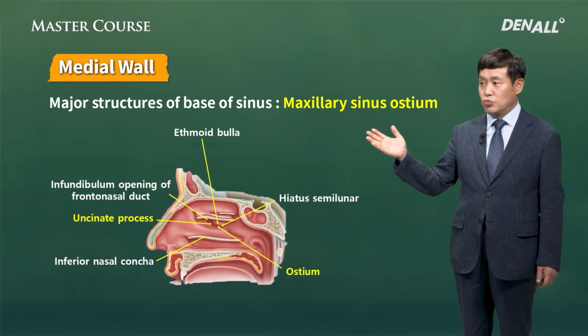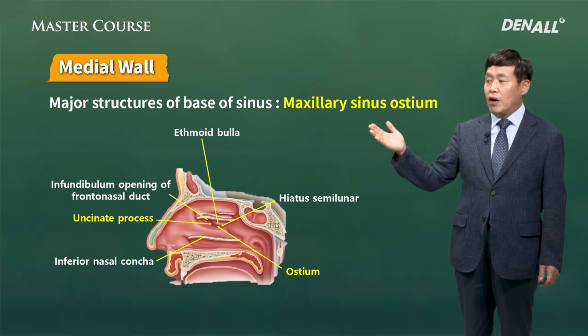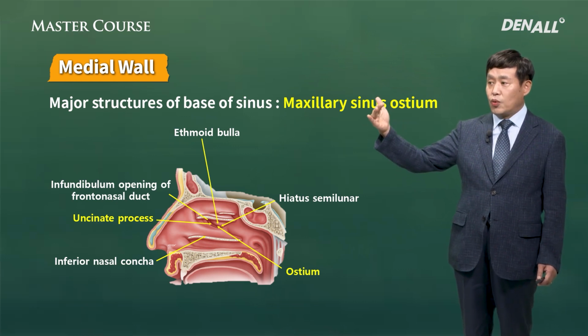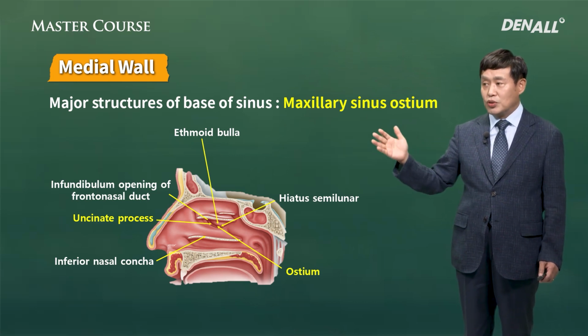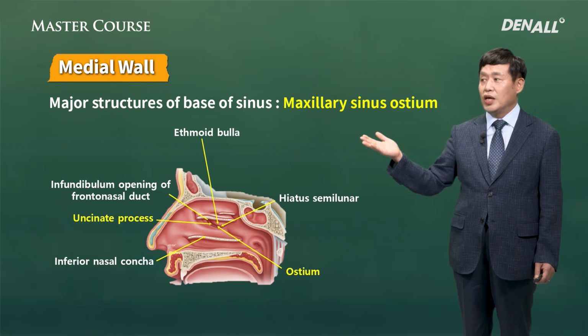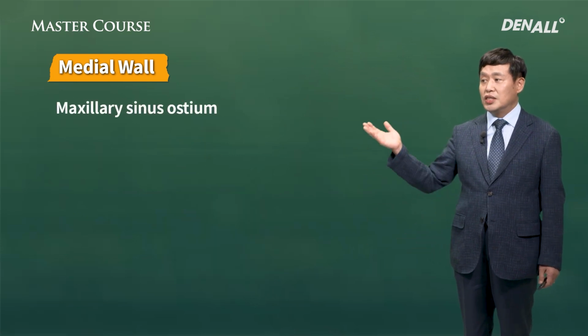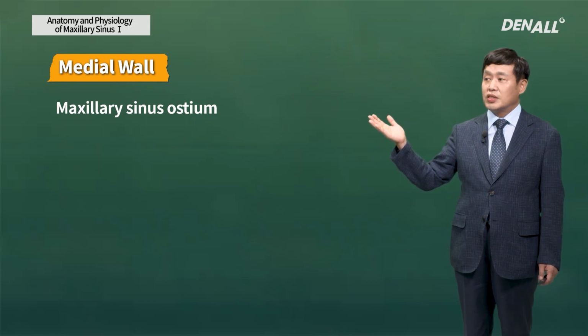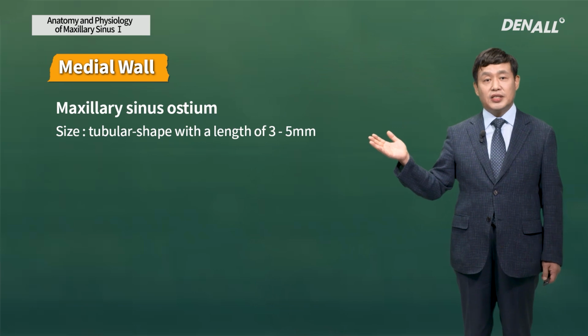So the maxillary sinus ostium, if you look at here, when the middle turbinate bone is cut off, it is between the middle turbinate bone and inferior turbinate bone. That means an opening between the ethmoid bone and inferior turbinate bone. The position, roughly, it looks like a tube, and the length is about 3 to 5 millimeters.